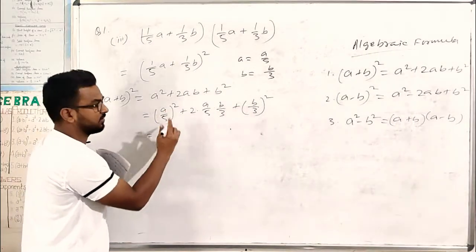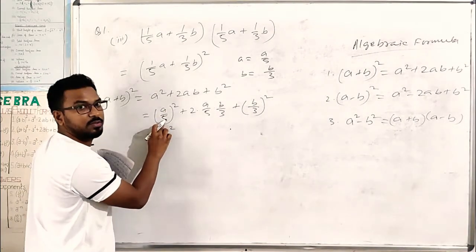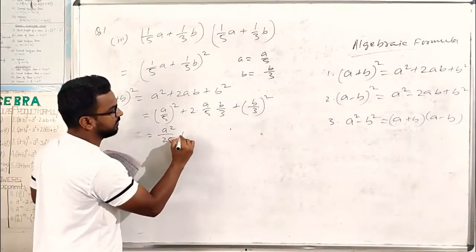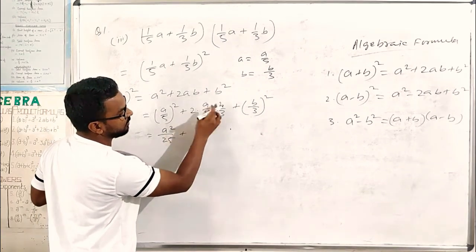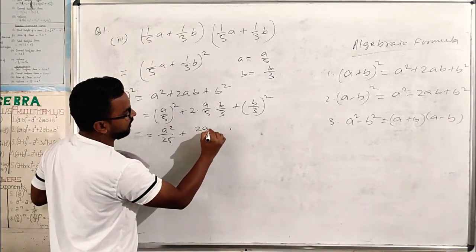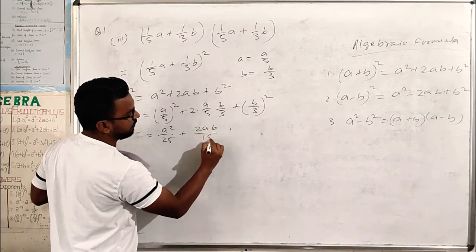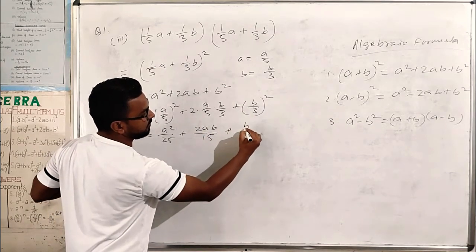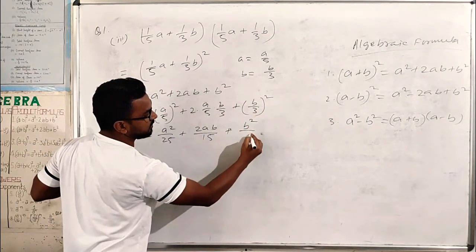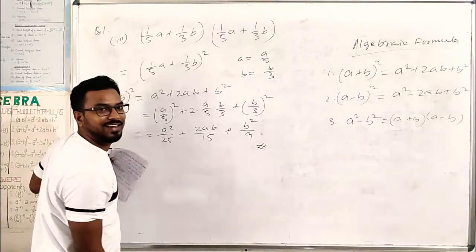The square of a is a square, the square of 5 is 25, plus, if you multiply this, you get 2ab by 5 threes are 15, plus b square, and 3 square is 9. This will be our answer.